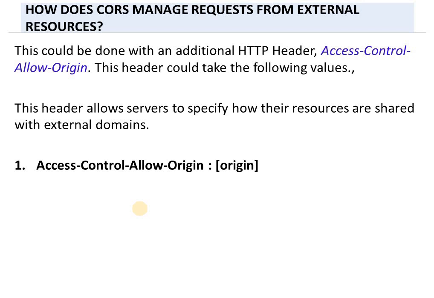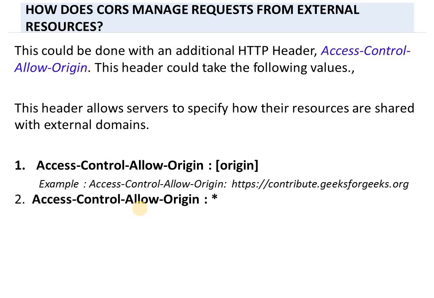Now, this Access-Control-Allow-Origin HTTP header can take two values. First one is origin, that means a domain name, or it can be asterisk, that means anyone. Now, what does it mean? For example, if the value of this HTTP header is origin, that means the origin address of a particular domain, let's say geeks4geeks.